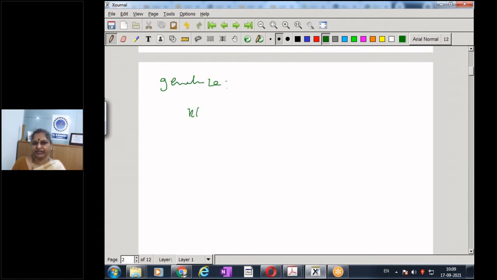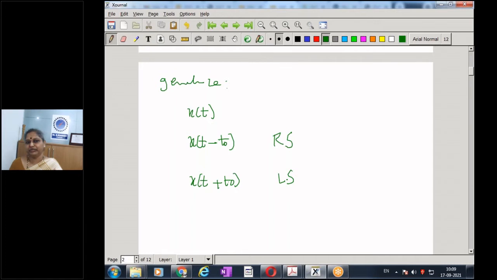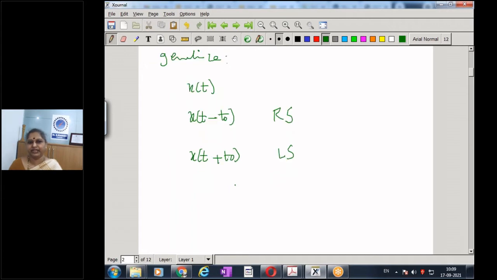That is, if I have x of t, and if I want x of t minus t naught, this is going to be a right shift of x of t by t naught. And similarly, if I want x of t plus t naught, this is going to be a left shift. We just observed a few examples, and it is applicable for any signal x of t. This is with regard to the time shift.